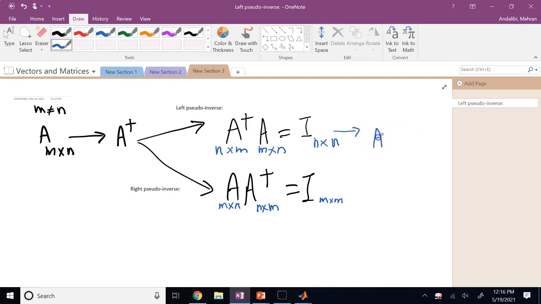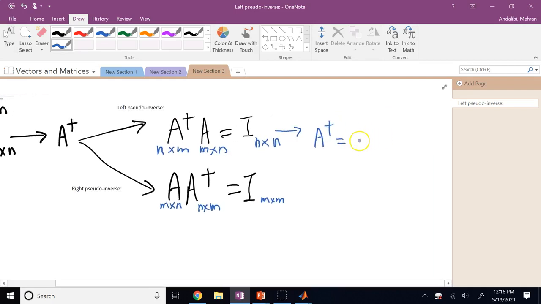So A plus in this case is basically you have to multiply from the right side to A to make it happen. There is an A inverse here to multiply by A, but you cannot do it, so instead use what?